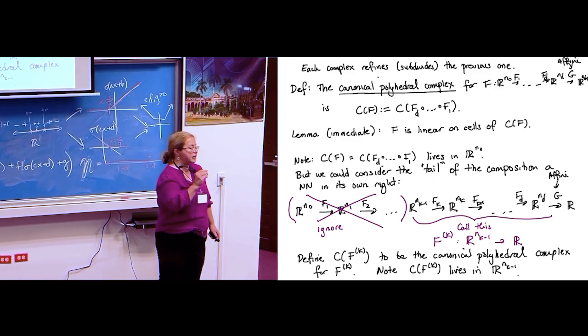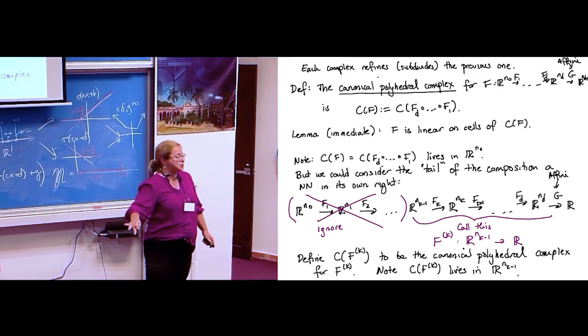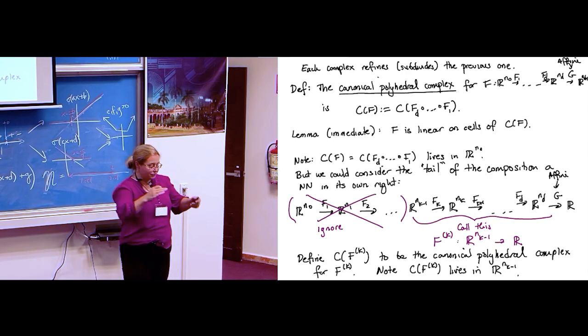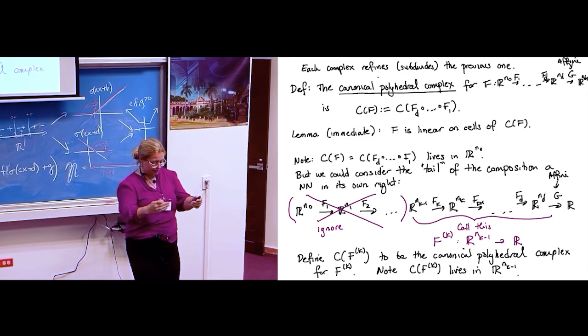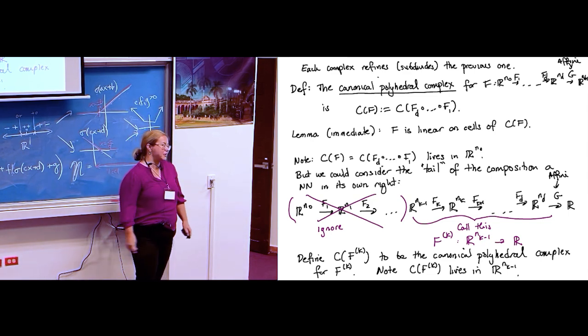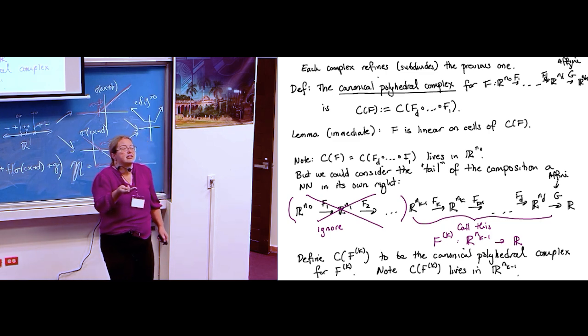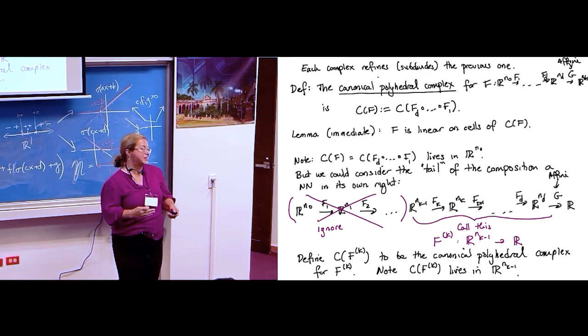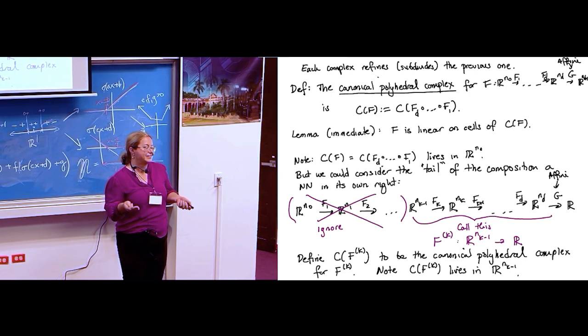So if you allow yourself to use any architecture you want, the answer is yes. However, if you only allow yourself to use a certain architecture, then no. One way to see that is that for each architecture, there is some upper bound on the number of cells that you can get.